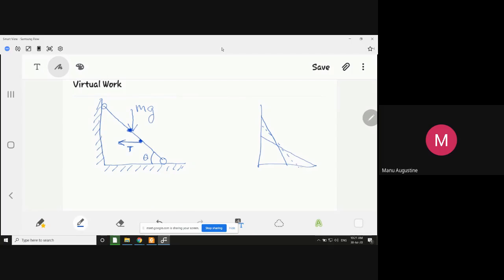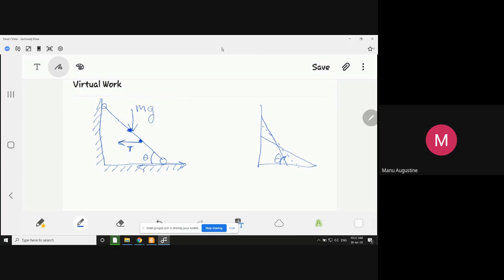So basically what you are going to do is change the inclination of the rod. So either you move this leg towards the wall, or you move this leg away from the wall. By this way, you will be able to change the value of this theta by a small amount.